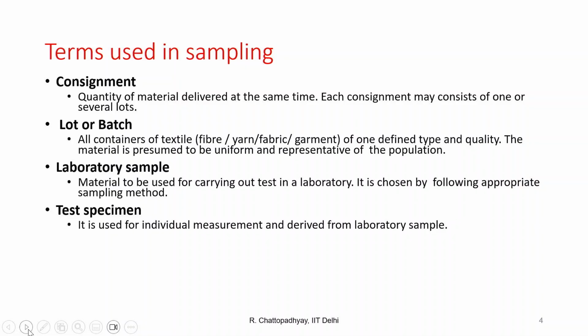Like we can cut specimens of fabric in order to find out some property of the fabric in the laboratory. So from a roll, we may cut certain specimens, and each specimen will then be tested for maybe strength testing, or abrasion testing, or color fading, whatever test we want to do. So we have to take some specimens.